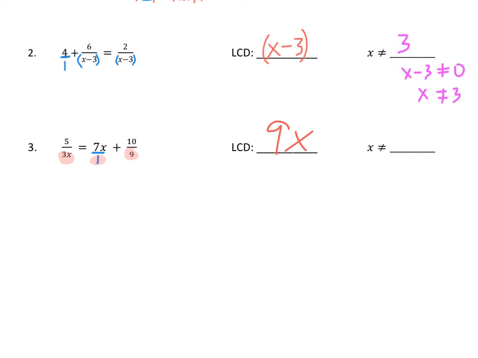All right, so then finally, x cannot equal, well, there's only one area here where I have a variable in the denominator. 7x, yeah, there's a variable there, but it's on top, so that's not going to be a restriction. This is the one to worry about. So we need to figure out when that 3x, that denominator, should not come out to be 0. Well, we'd have to divide by the 3 to isolate x, so we end up with x not equal to 0 divided by 3.